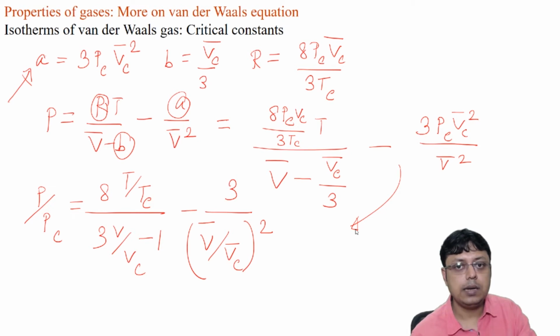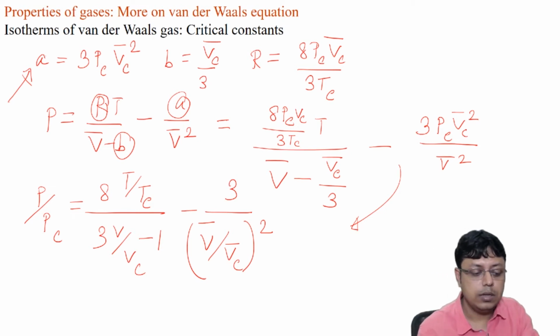What is P by Pc? It is the ratio of the pressure to the critical pressure. Similarly, T by Tc is the ratio of the temperature to the critical temperature, and V by Vc is the ratio of molar volume to the critical molar volume.